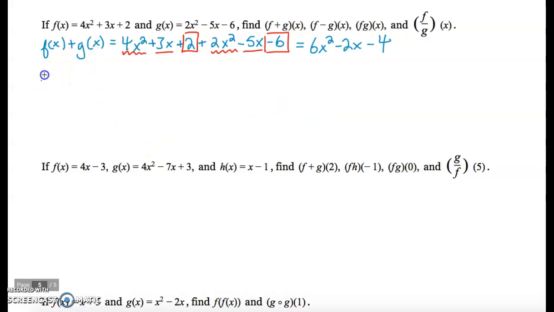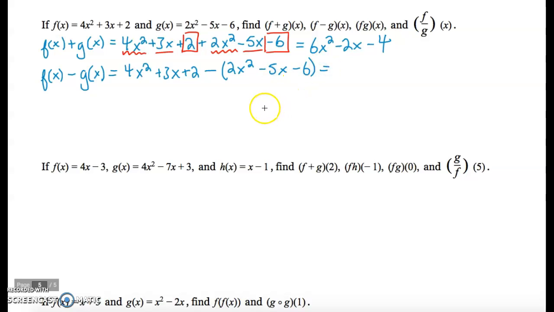All right, let's go ahead and do f of x minus g of x. That's the next piece. When I do that, you do want to use parentheses because you're going to be subtracting the entire g of x function. So I want to put my entire g of x function in parentheses because I'm subtracting the whole thing. One thing we have to pay attention to here is this negative.